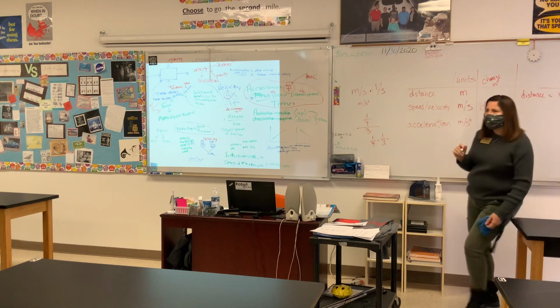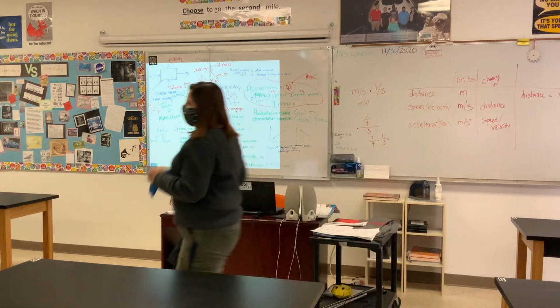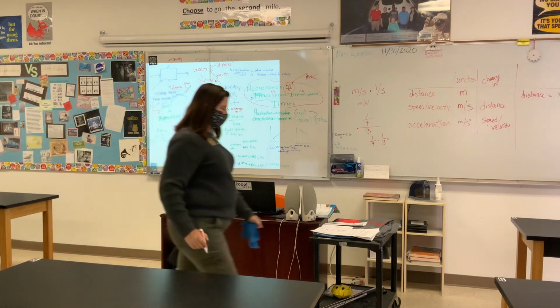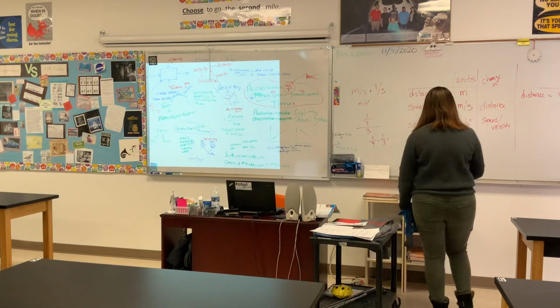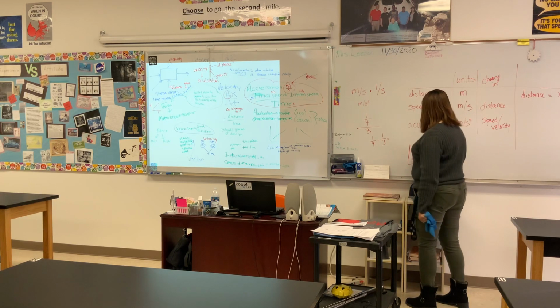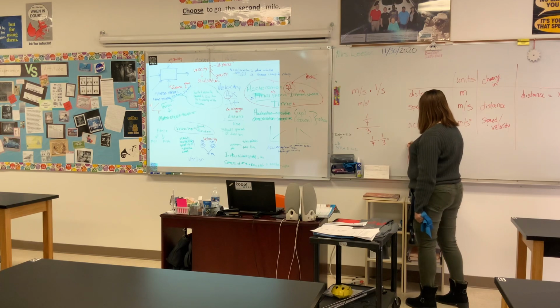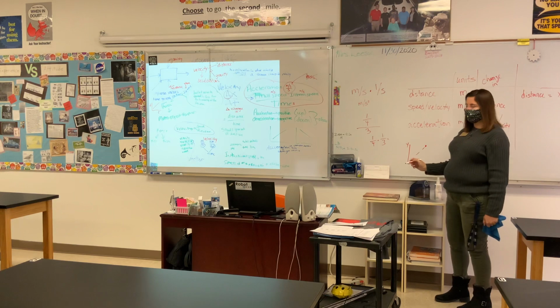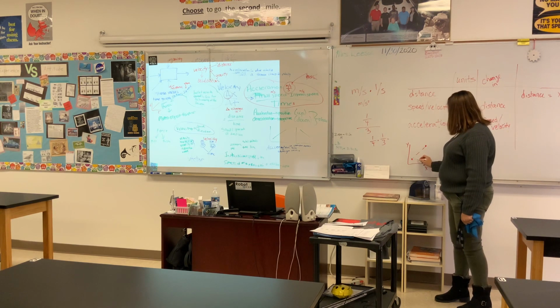Let me see what she's got. Okay, she's doing distance on a coordinate plane, which technically is correct, but that's not something we're going to be doing anywhere close to this year. She says, if I go from here to here and I want to determine that distance, you guys have seen Pythagorean theorem before, right?